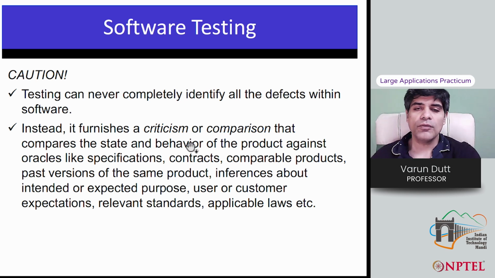Instead, software testing furnishes what we call a criticism or comparison that compares the state and behavior of the product against oracles like specifications, contracts, comparable products, past versions of the same software product, inferences about intended or expected purpose, user or customer expectation, relevant standards, applicable laws, etc. So the idea is a comparison between the state and behavior of the product against already set standards.